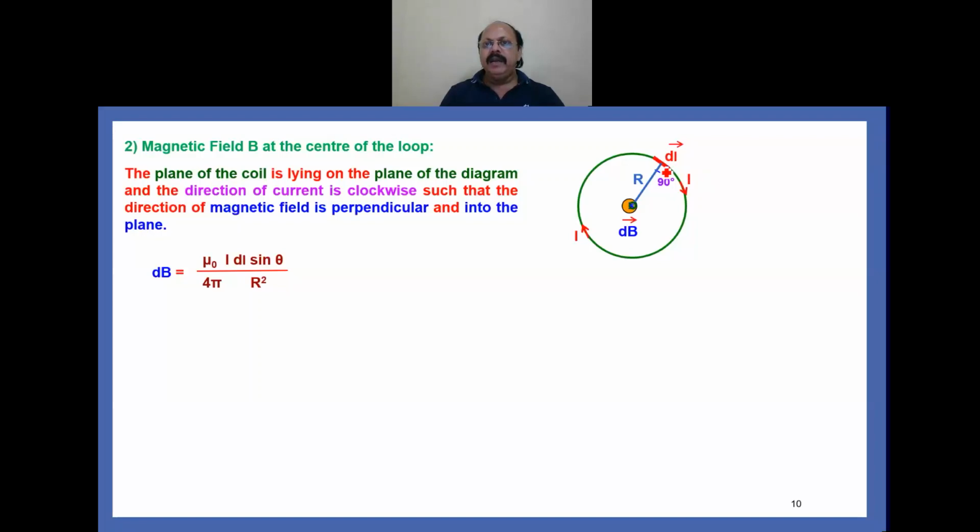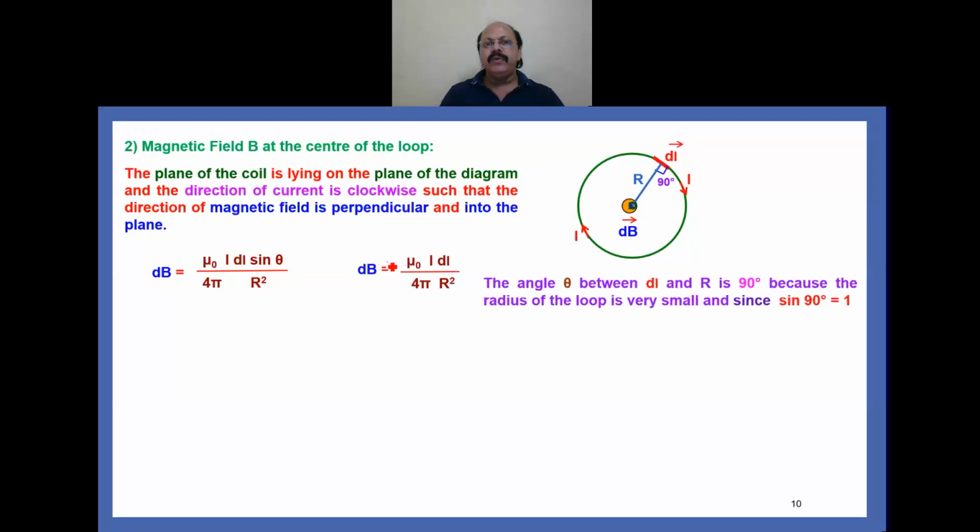The angle between the dl vector and the r vector is 90 degrees. So we apply Biot-Savart's law. Then dB equals mu naught I dl sine theta upon 4 pi r square, but theta equals 90 degrees, sine 90 is 1. So dB equals mu naught I dl upon 4 pi r square.